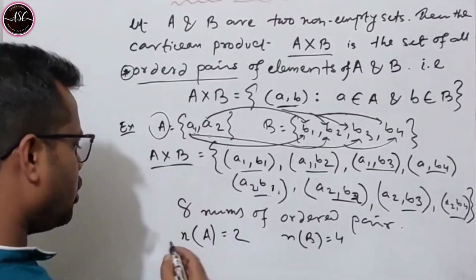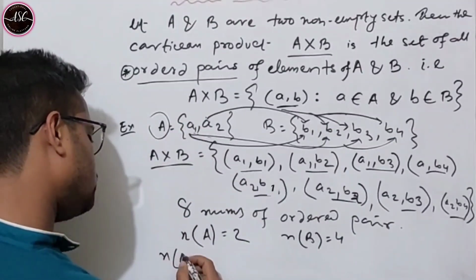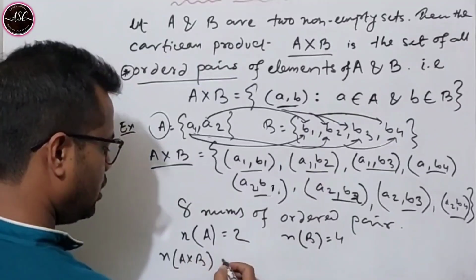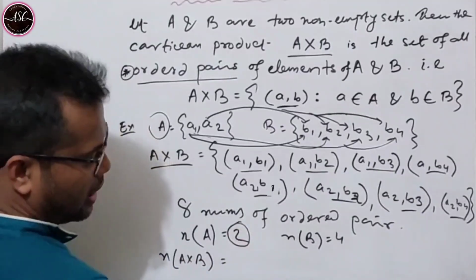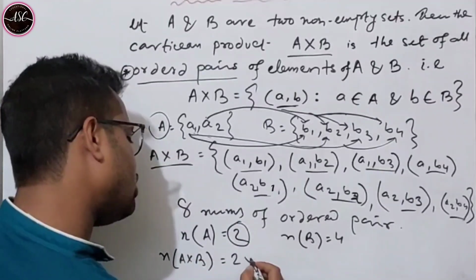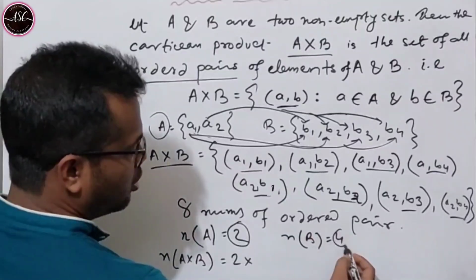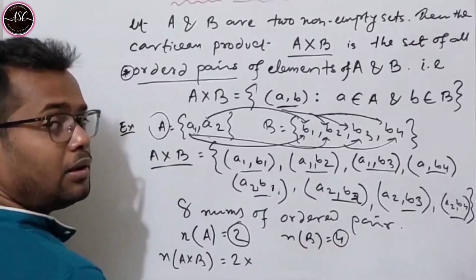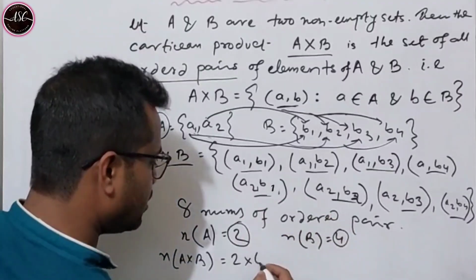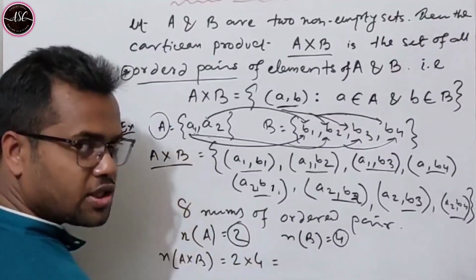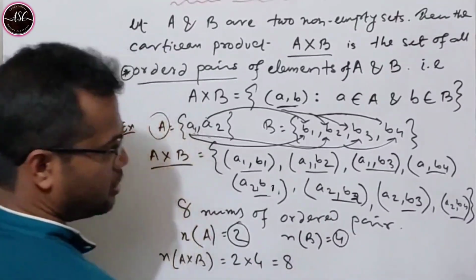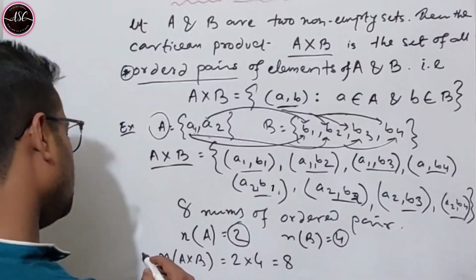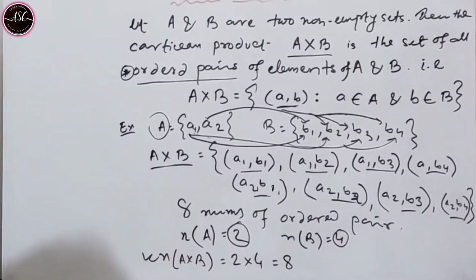Then the number of elements of the Cartesian product of the two sets will be the number of elements of the first set times the number of elements in the second set. So 2 times 4 equal to 8. This is also a theorem. This should be remembered.